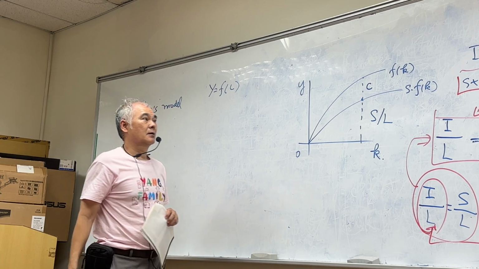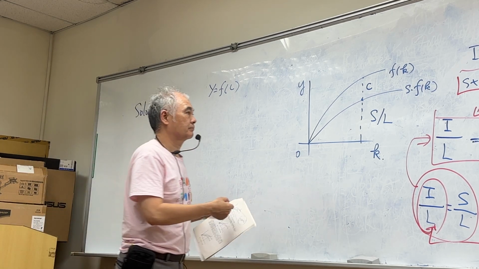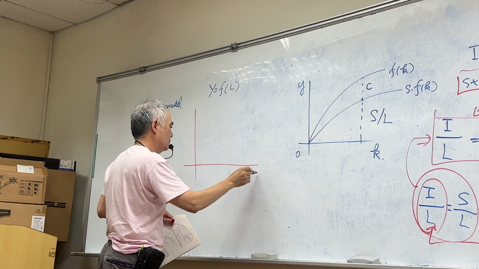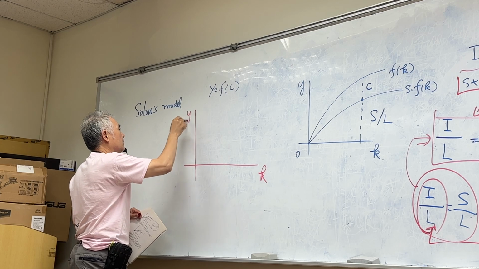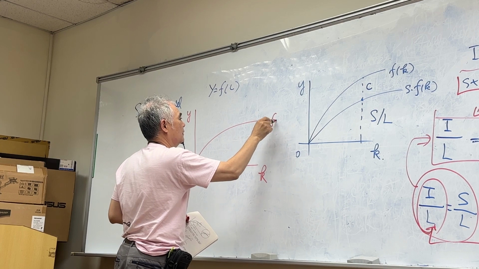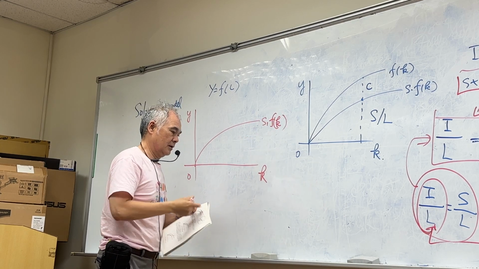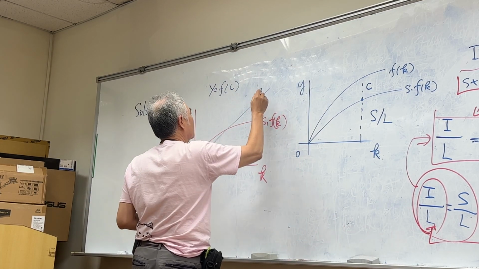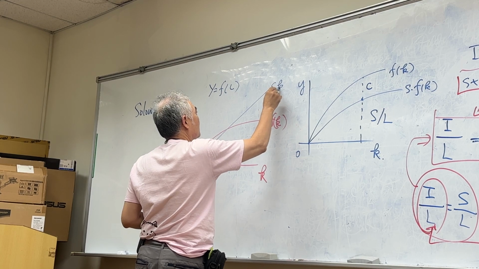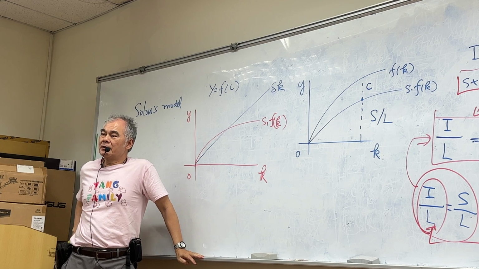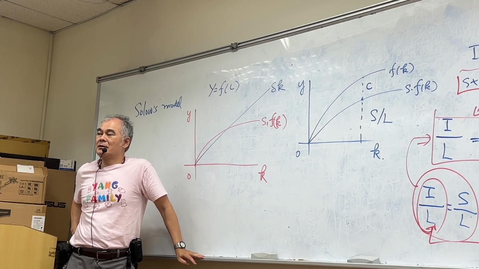Okay. Questions? Let me draw a new diagram. So K here, Y here. The question here: if you have a higher saving rate, what is going to happen to this economy?